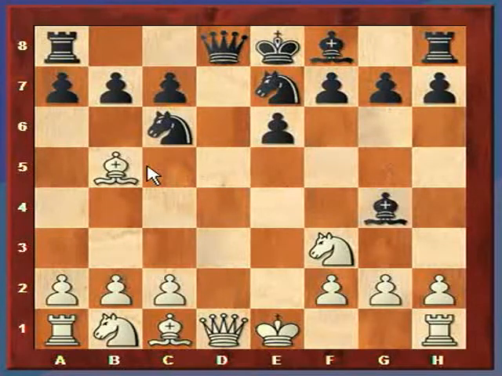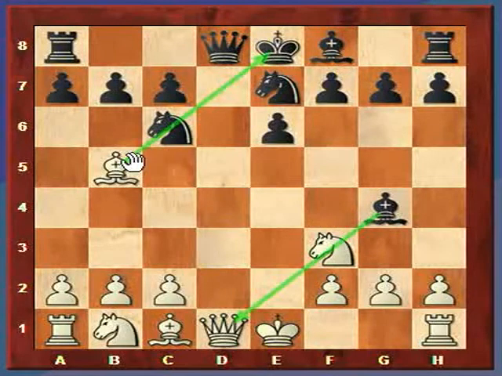It's common in chess to see these type of pins going on, where usually it involves the bishop, and the bishop will pin the knight to the king, or the bishop will pin the knight to the queen, and just making it to where the knight cannot move. Okay?